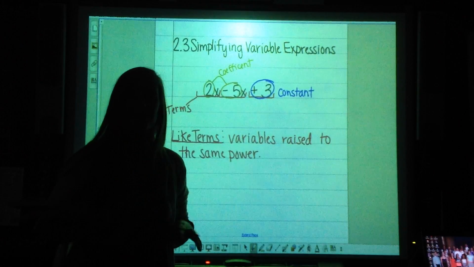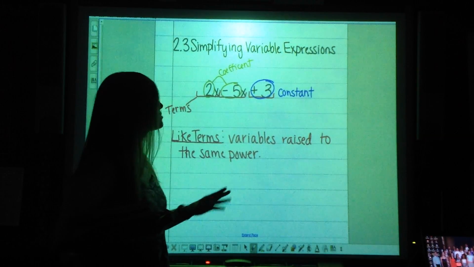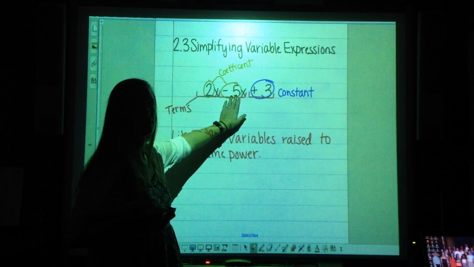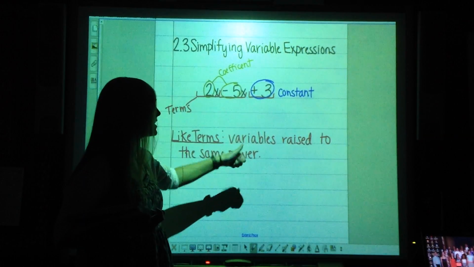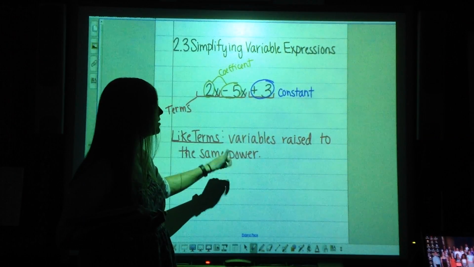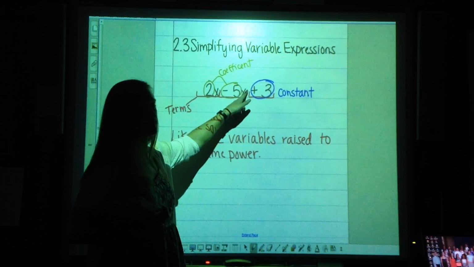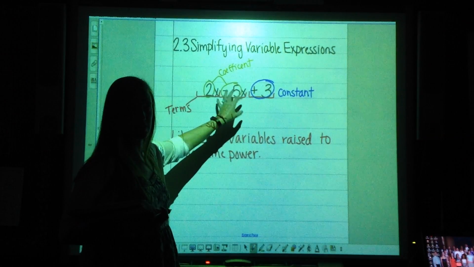This expression has two like terms, and those two terms are 2x and negative 5x because they have the same variable, and those variables are raised to the same power. So I can combine these two.